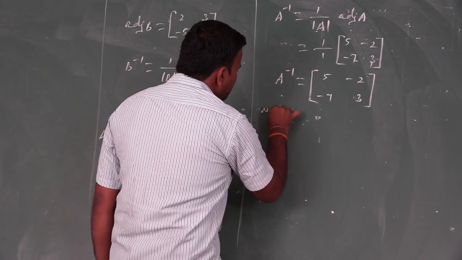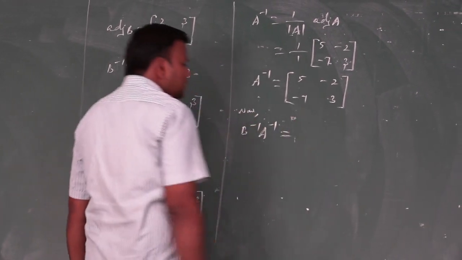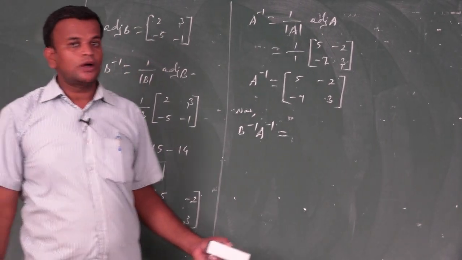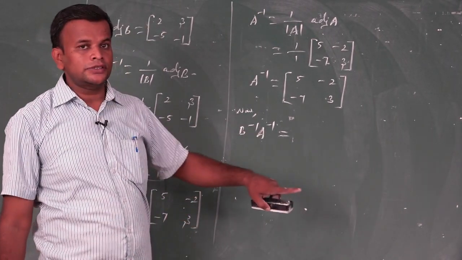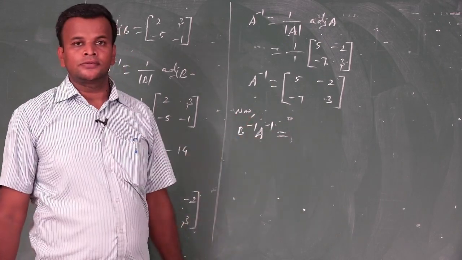Now we multiply these two matrices, B inverse and A inverse, because RHS is B inverse and A inverse. So the first matrix is B inverse and the next matrix is A inverse.